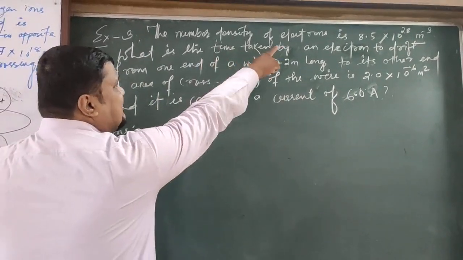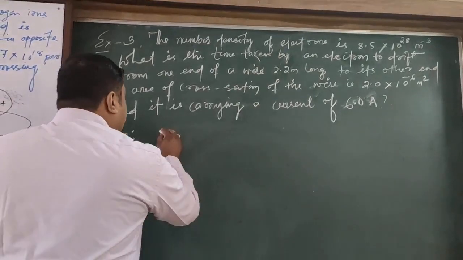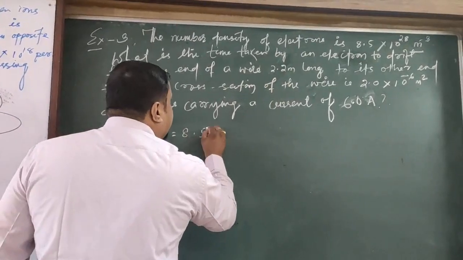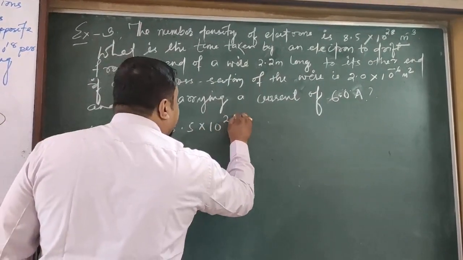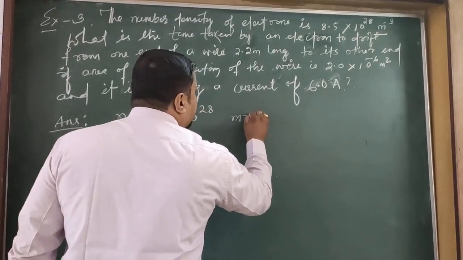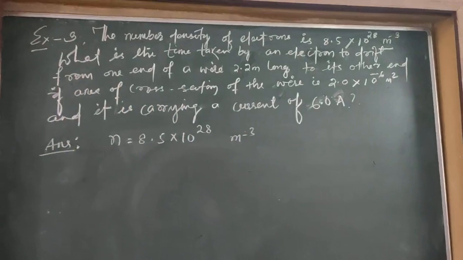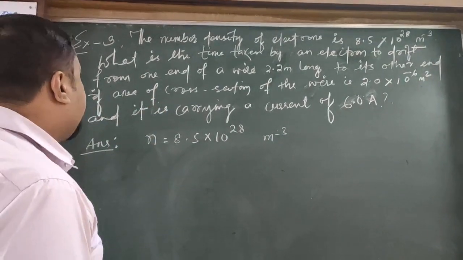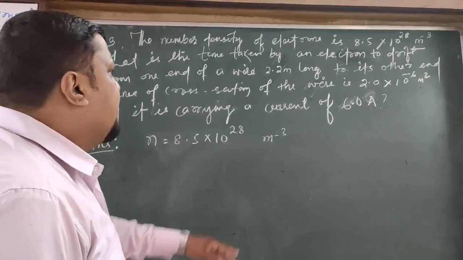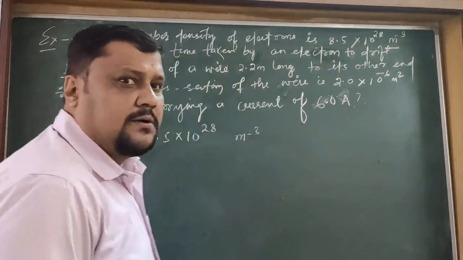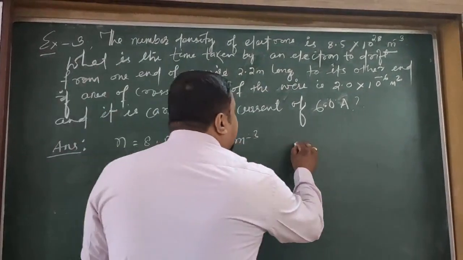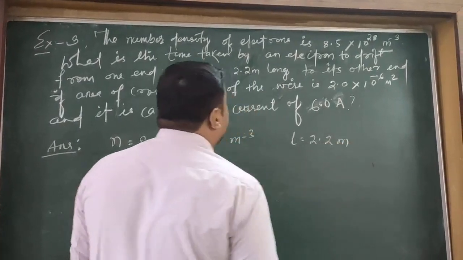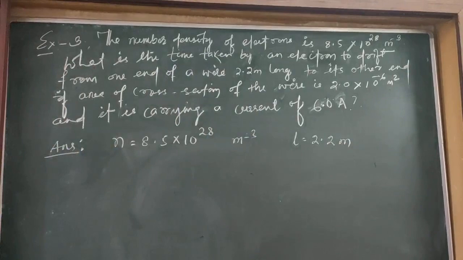The number density of electrons, n, is given as 8.5 × 10^28 per meter cube. Clear? The question asks the time taken by the electron to drift from one end of a wire 2.2 meter long to its other end.